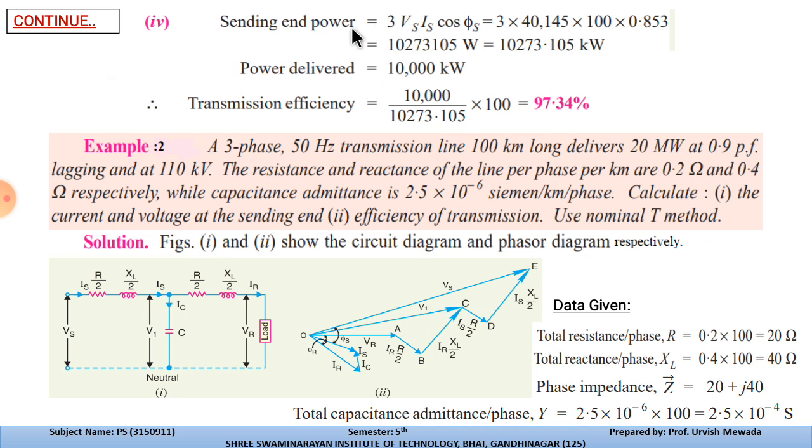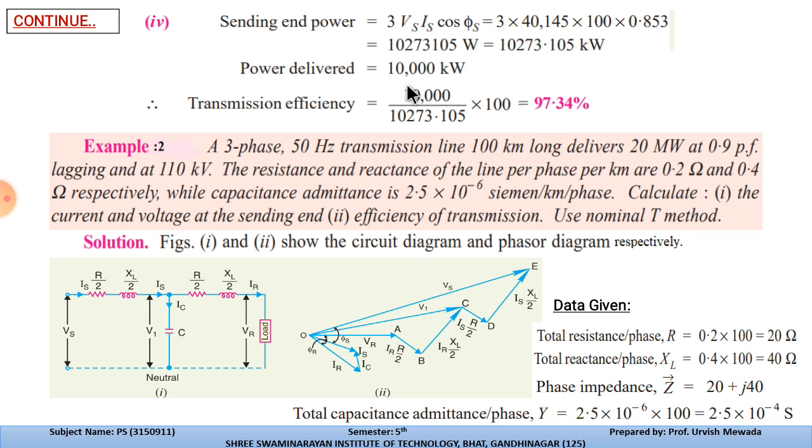Now the sending end power. The sending end power P is equal to 3 VS IS cos phi s. By placing the values, we will get 10,273.105 kilowatt. This is the power delivered, 10,000 kilowatt, and this is the sending end power.